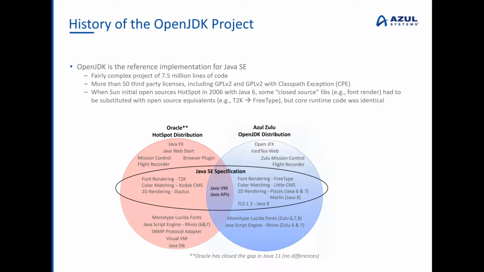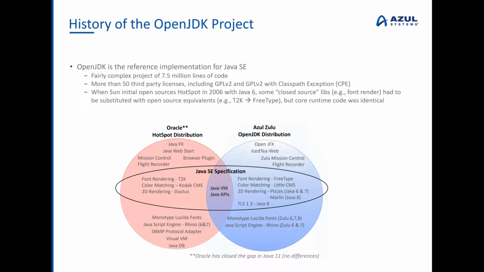And these subtle differences are with libraries predominantly in headful implementations, along the lines of font rendering engines, color matching, 2D rendering. In the case of the Sun Oracle distribution, which is a proprietary distribution, they were using products like T2K, versus on the right, the OpenJDK community went with FreeType.